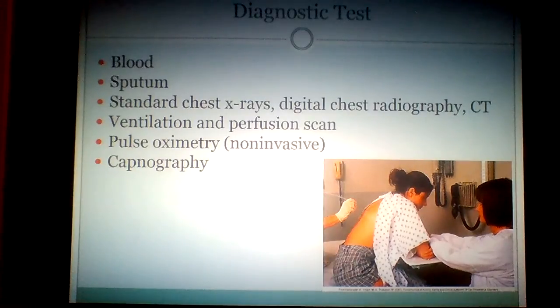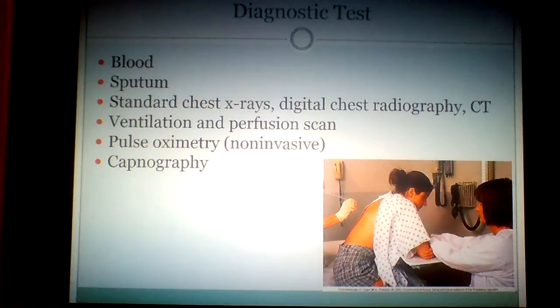Pulse oximeter is a non-invasive one. The pulse oximeter monitors your O2 saturation, so the percentage of oxygen bound to the transporter, the hemoglobin. And remember, this is always compared to how much hemoglobin is available.